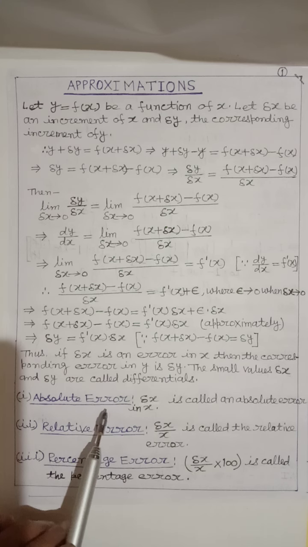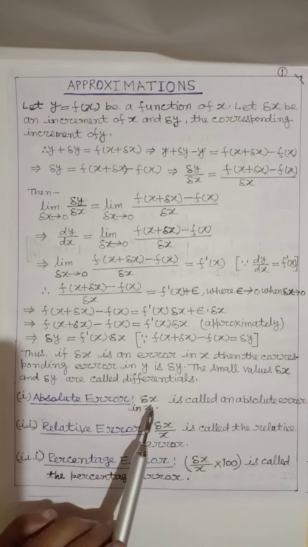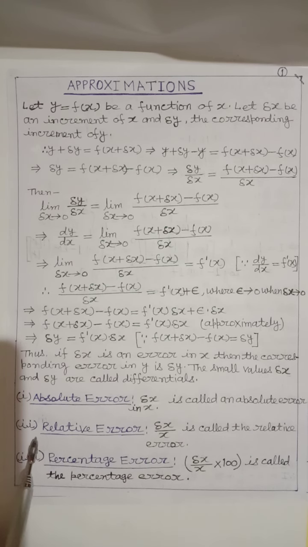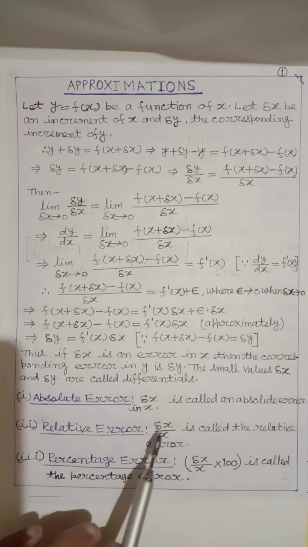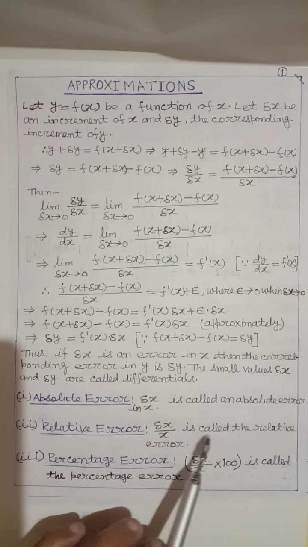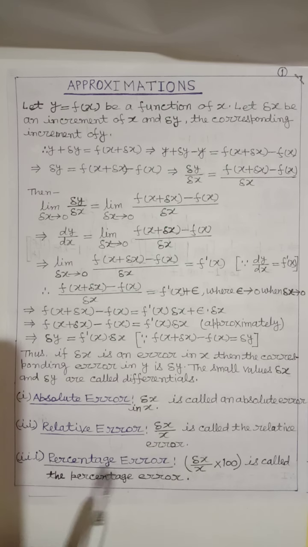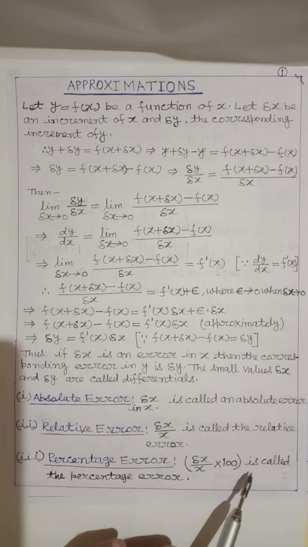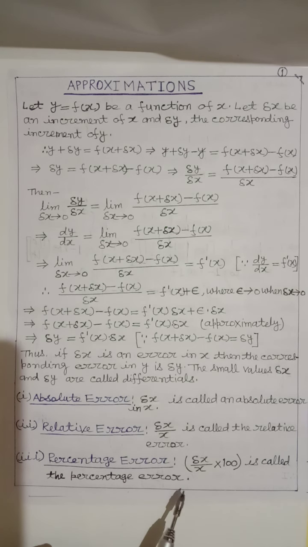First, absolute error: del x is called an absolute error in x. Second, relative error: del x by x is called the relative error. And third is percentage error: del x by x into 100 is called the percentage error.